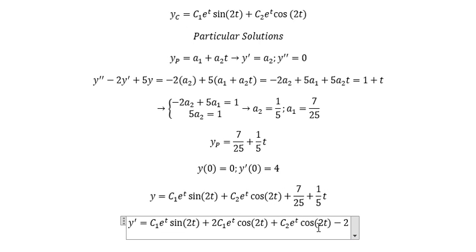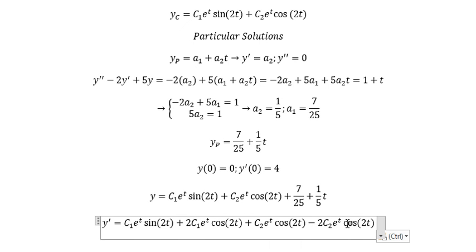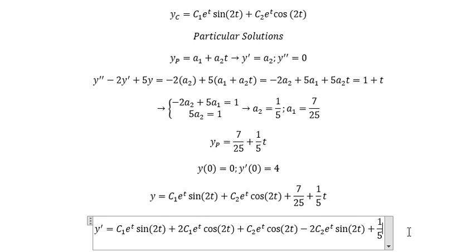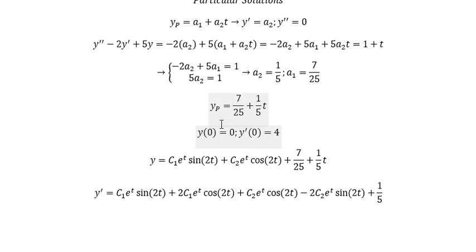First derivative of cosine 2t, you got about negative 2 sine 2t. So we got about 1 over 5. Now, if we put number 0, you got about 0. First derivative of the function, we put t equal to number 0 in here, you got about 4 for this one in here. Now, we create the system of equations.